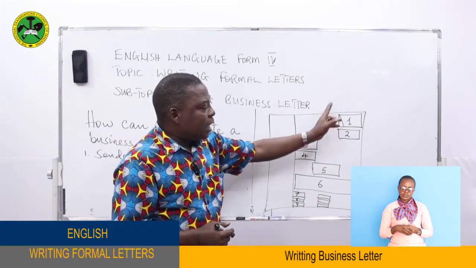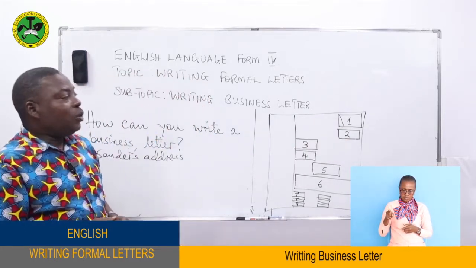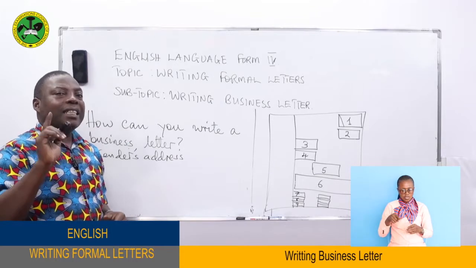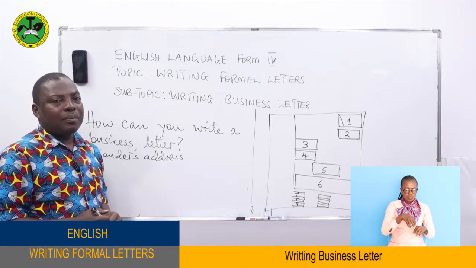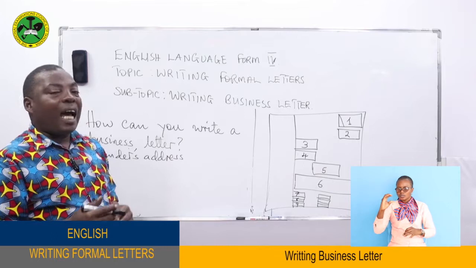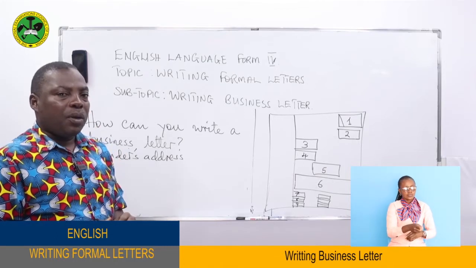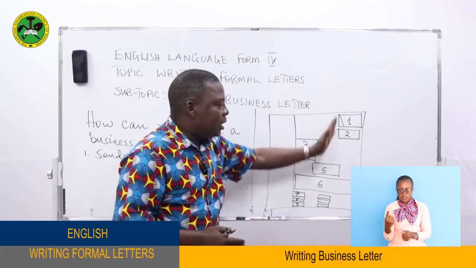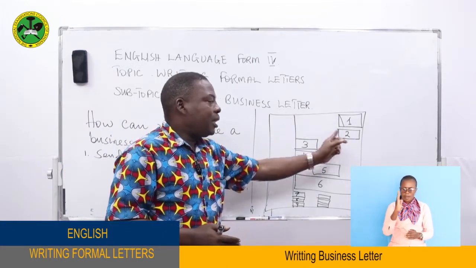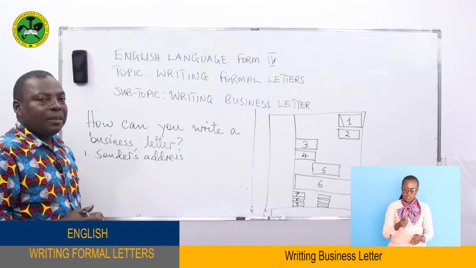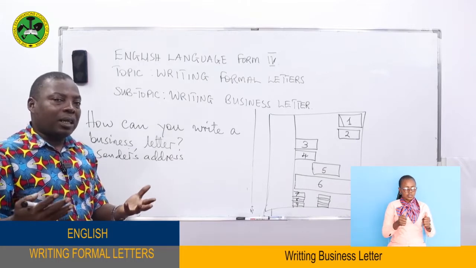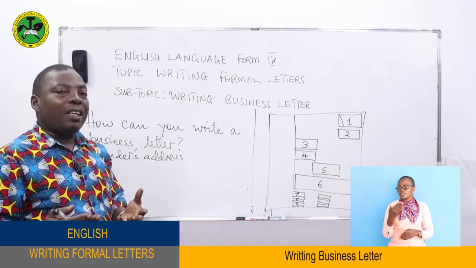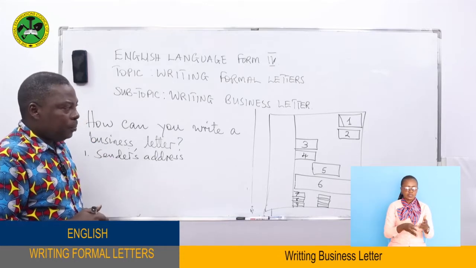These lines tend to represent how a sender's address should look. So we can write a sender's address in two different ways. We can have one represented in a block style, and the other can be written in a slanted style. It depends on which style you would want to use.